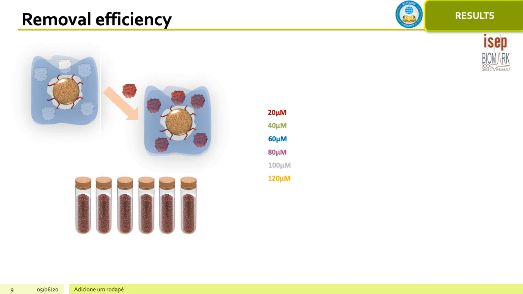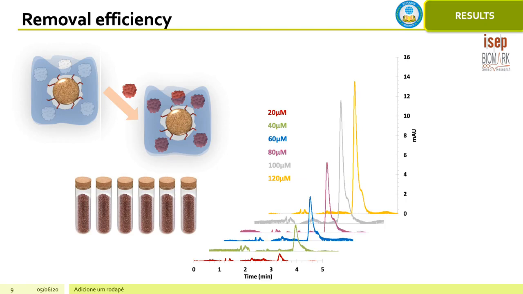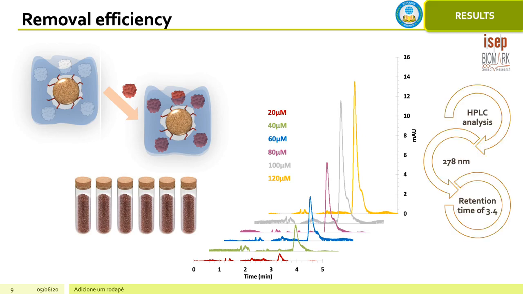The binding of cork MIP to NOR was monitored by HPLC, and this figure shows a chromatogram of the HPLC analysis of NOR plotted at 278 nanometers for different concentrations, and NOR was detected with a retention time of 3.4 minutes.